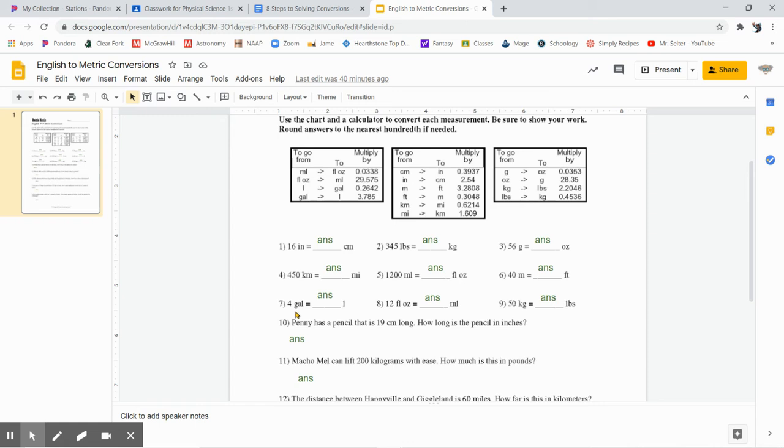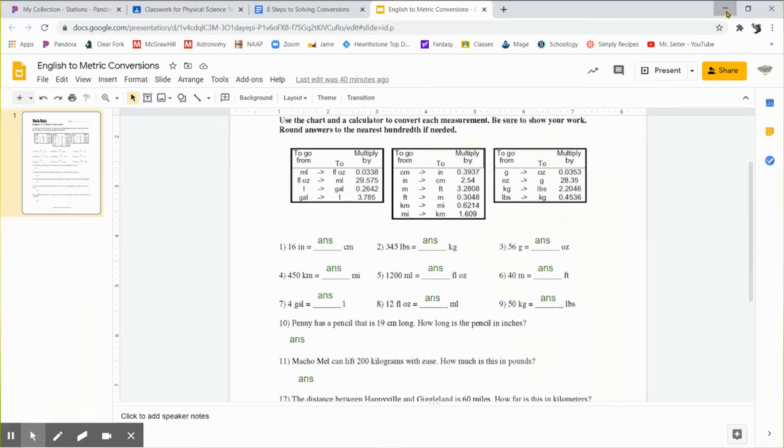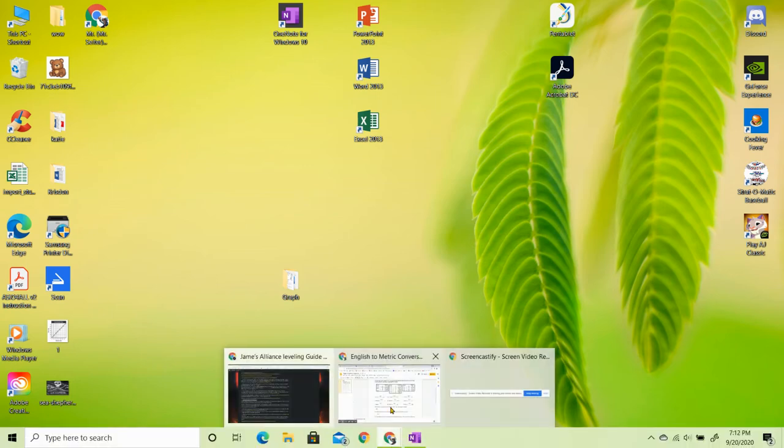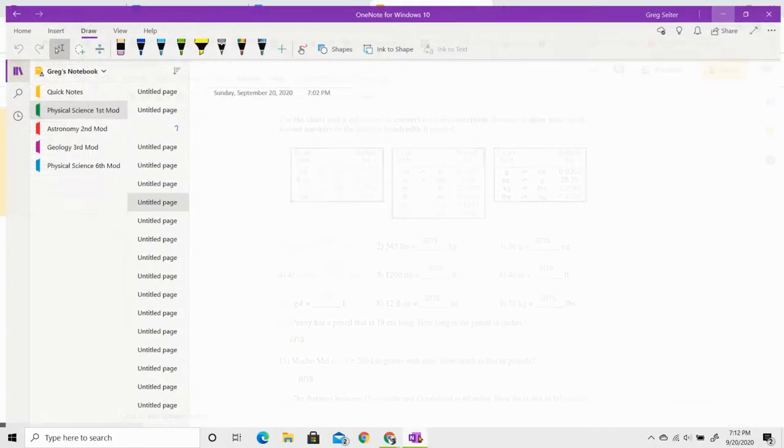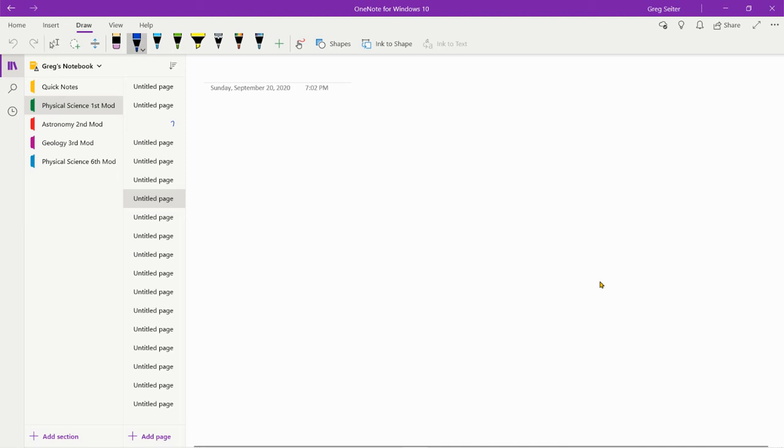Number 7. 4 gallons equals how many liters?